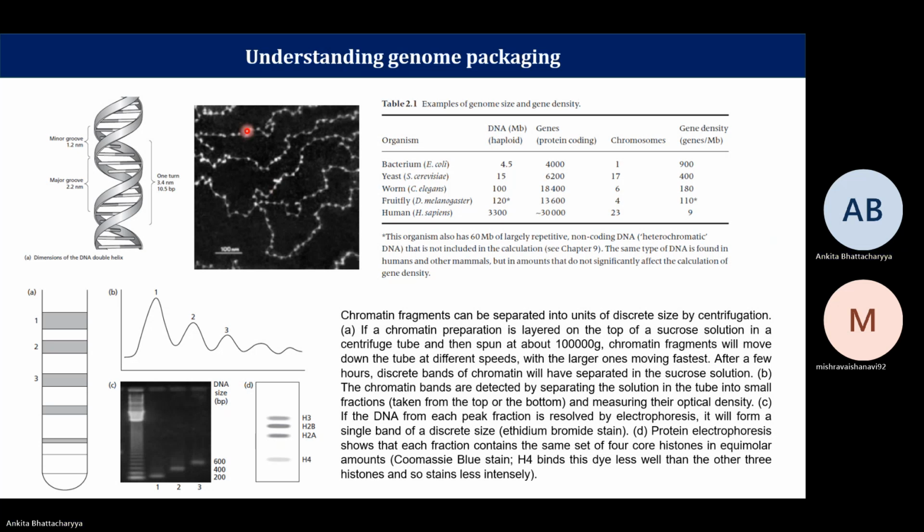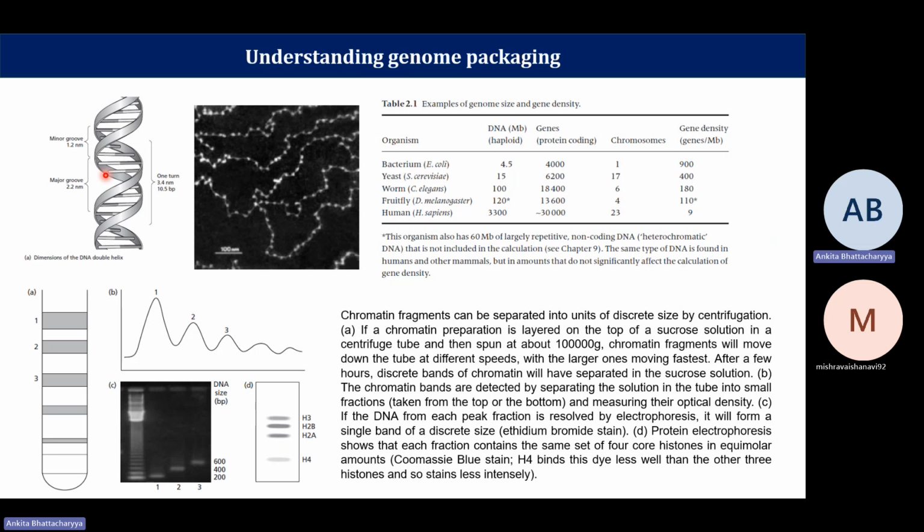Basically, you can see that there are two grooves, one major groove and one minor groove, because of the way in which the DNA double helix turns. There is a periodicity within the sequence which allows for turns to repeat themselves at certain distances, approximately 3.4 to 3.5 nanometers, and that accommodates 10.5 base pairs.